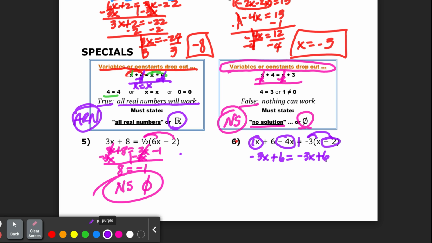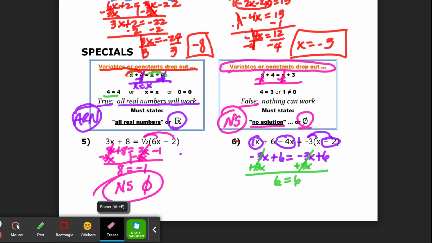So we're balanced. And if you notice, there's the very same thing on the left side as there is on the right side. So no matter if I decide to add 3x to both sides, you see how you have 6 is equal to 6, which is true. So it'd be all real numbers.